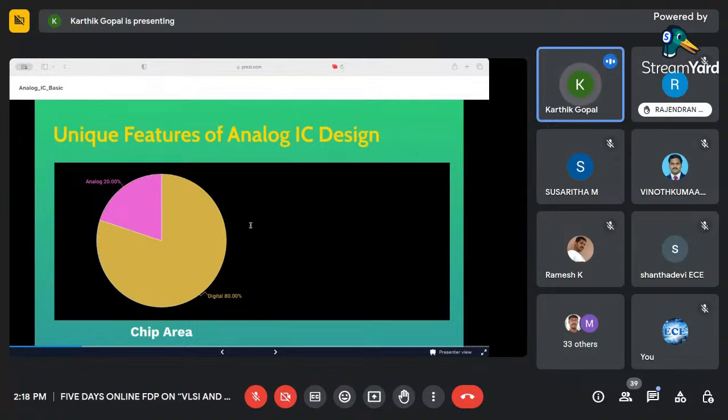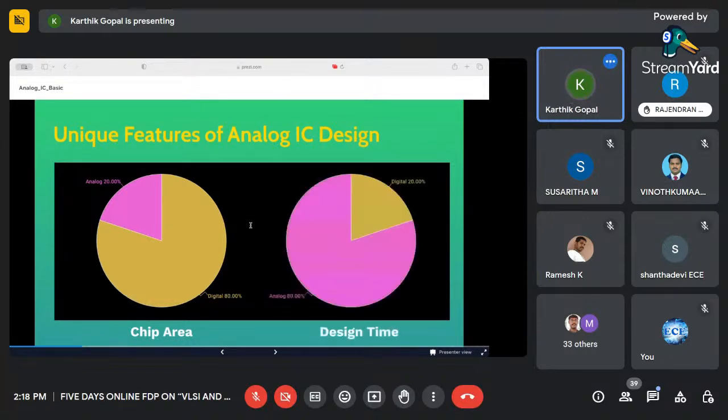So approximately 80% of the area is digital, so only 20% is analog. But the beauty of this analog is it takes 80% of the time for the design compared to the digital. So this is due to its complexity and it is designed from the circuit level. So that is the beauty and the contrast between these two pie charts.